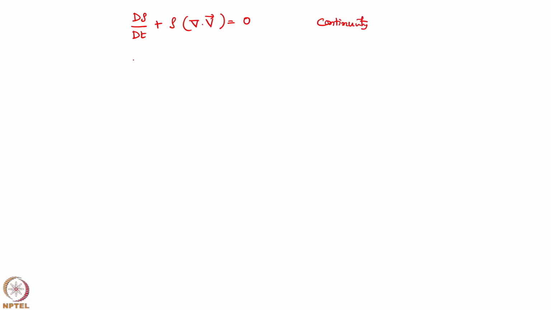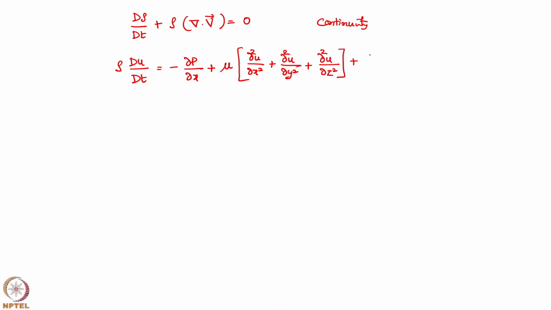Now, the x momentum equation is rho du by dt is equal to minus dou p by dou x plus mu into del squared u by del x squared plus del squared u by del y squared plus del squared u by del z squared plus del by del x of mu by 3 into del dot v plus f of x. This is the x momentum equation.